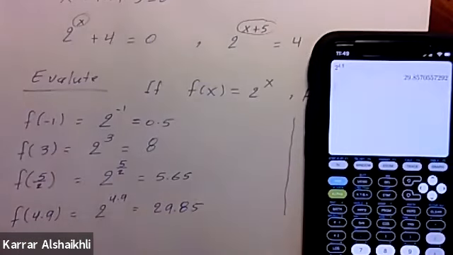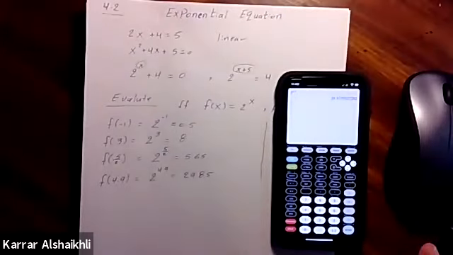This is really important to evaluate in case they give you equations and you have to graph them. And we will take an example about that, how to graph the exponential function.